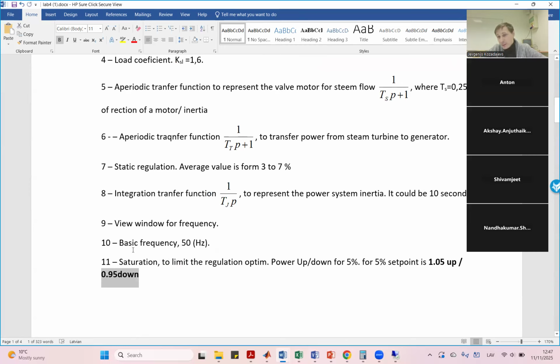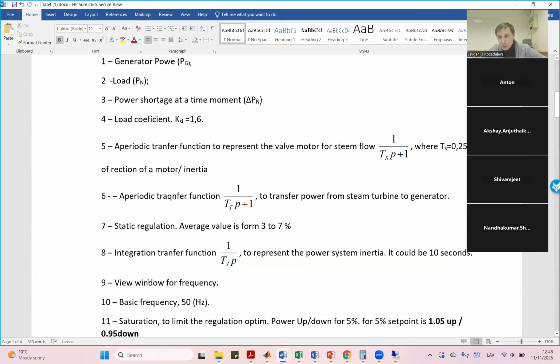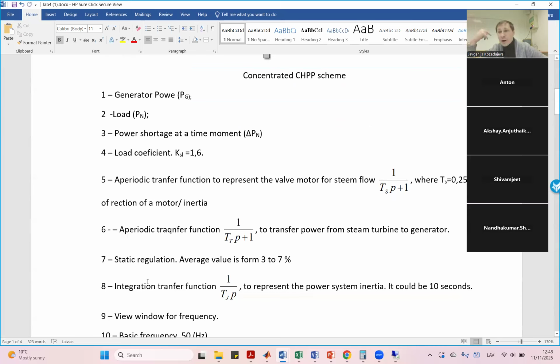0.95. But this is made specially for students to push you to analyze the situation. Because when you put these values, you will find that you have problems with fluctuation after the fault.